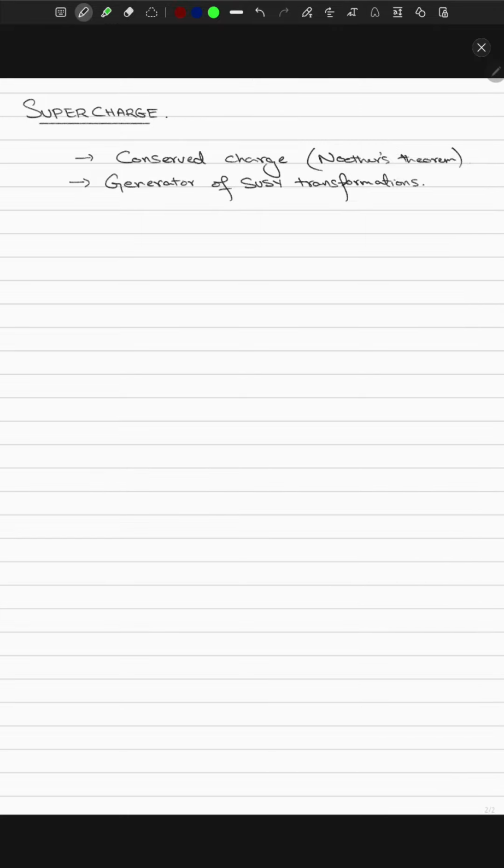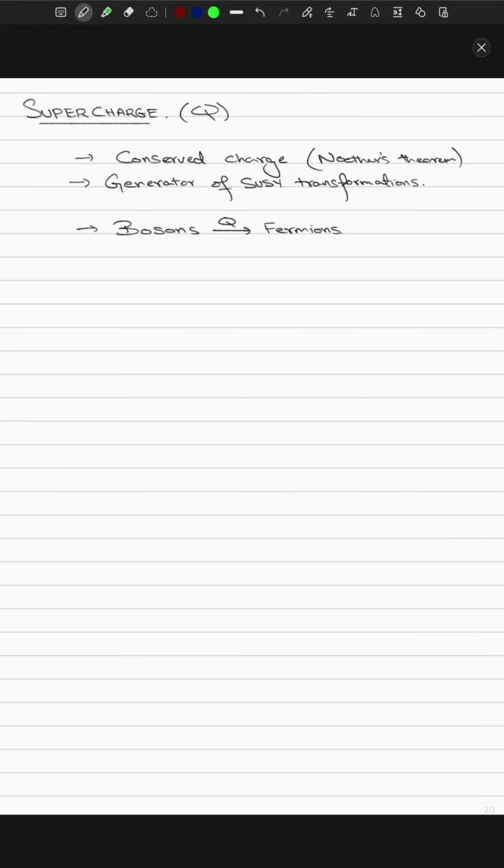You denote this supercharge by the capital letter Q, and it is an operator which will transform bosons to fermions, and vice versa, right?